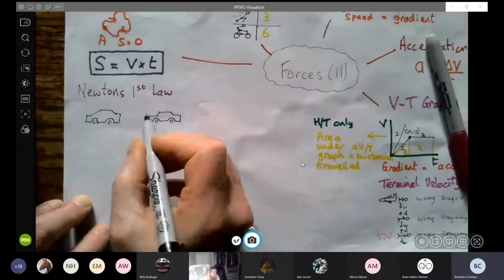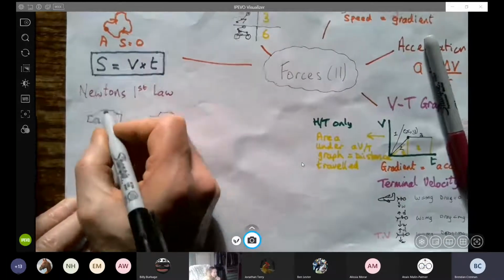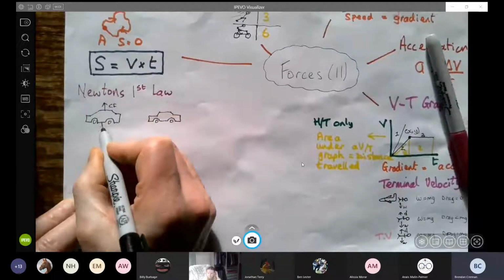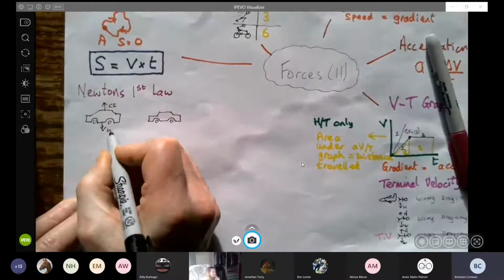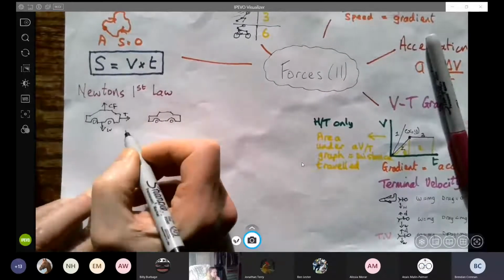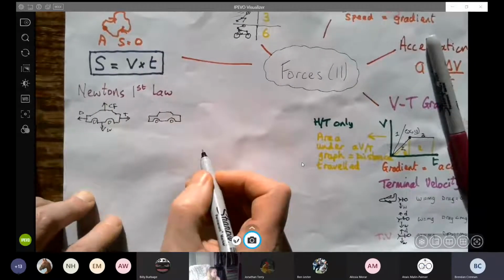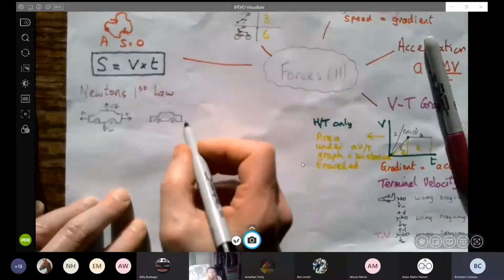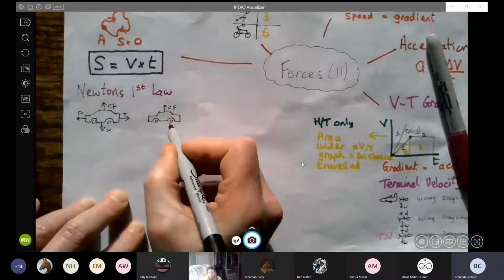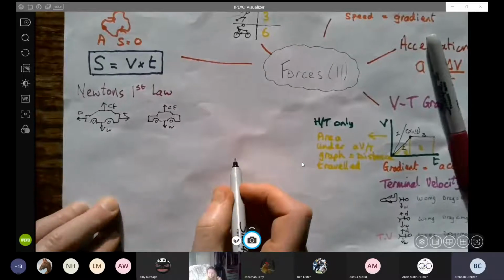If an object is moving, it will have a contact force opposite the weight force, which I'll label W. It will have a thrust force from the engine pushing forward, and a drag force from the air resistance. If the object is stationary, it will just have the contact force from the ground and the weight acting downwards. Those are the two situations we can have.